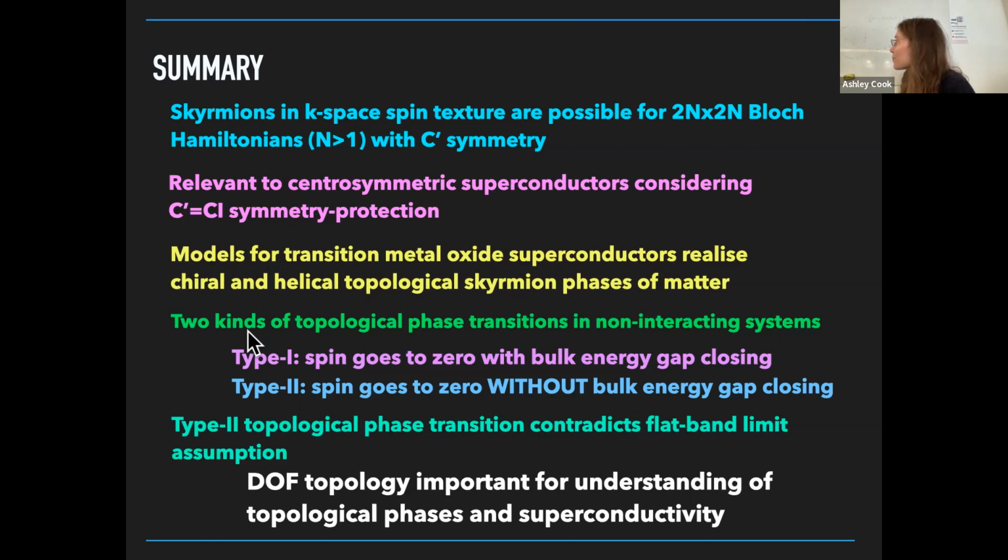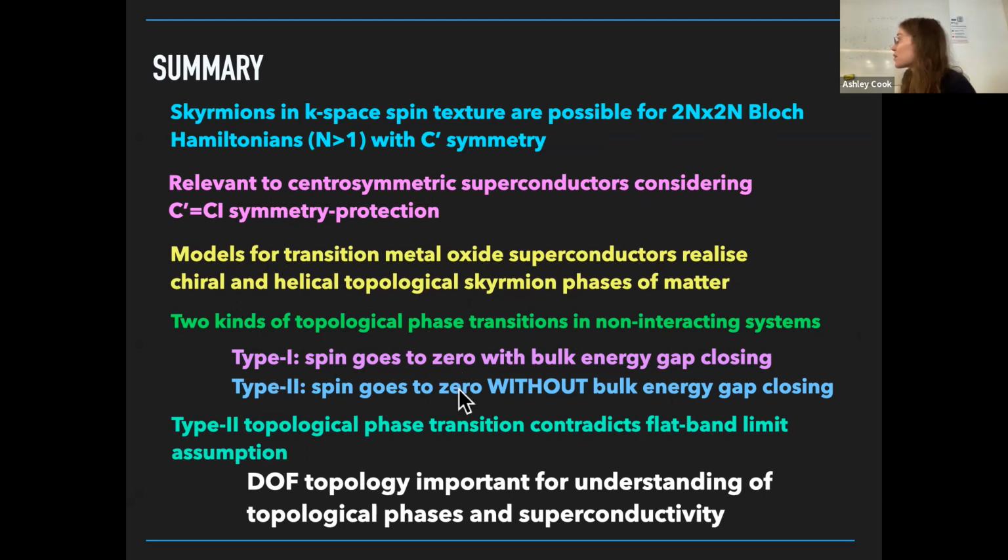And finally, there are two different kinds of topological phase transitions that can occur in effectively non-interacting systems while respecting the symmetry protecting the topological phase for the Skyrmion number. So type 1 is when the spin basically goes to 0 with the closing of a bulk energy gap, and this destabilizes the Skyrmion number.